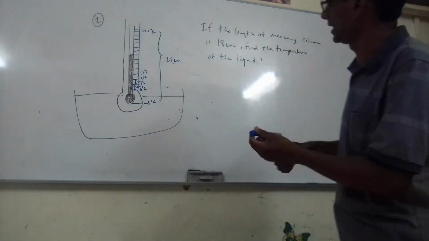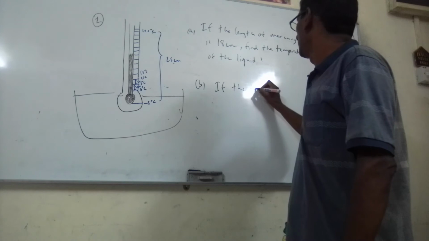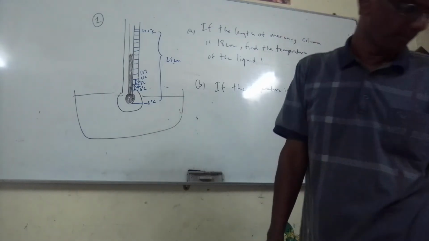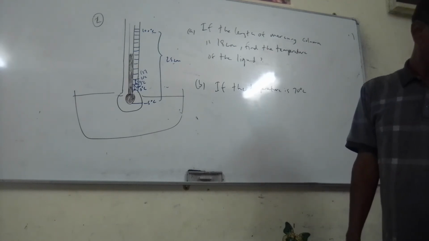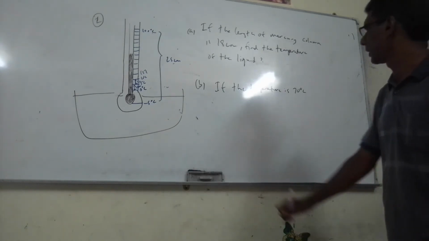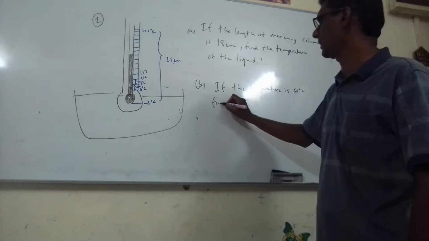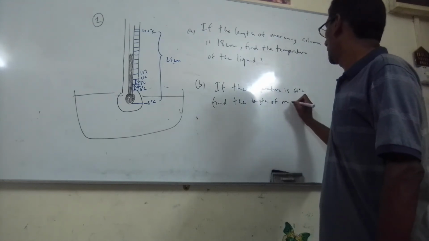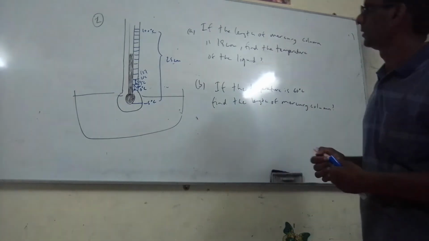This is question A. Question B: if the temperature is 70 degrees Celsius, if the temperature is 60 degrees Celsius, find the length of the mercury column. Okay, this is question A and B.